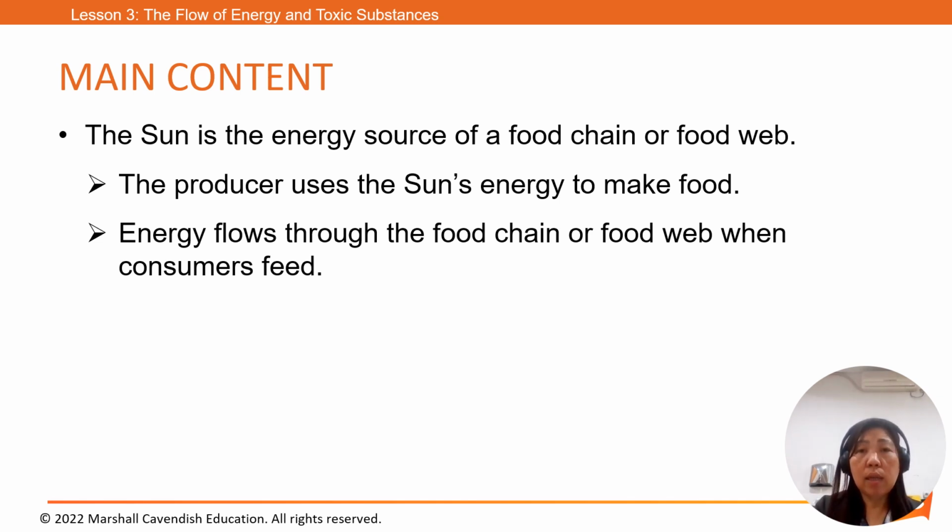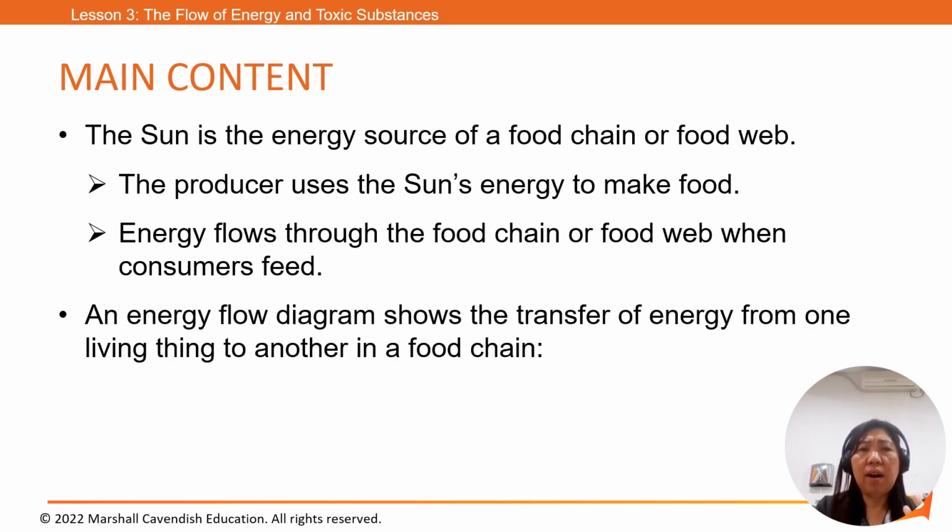The producers, or the plants, use energy from the sun to make food. The animals get their energy by feeding on plants or other animals. So how do living things get their energy from the sun? The producers get their energy from the sun when they make food.